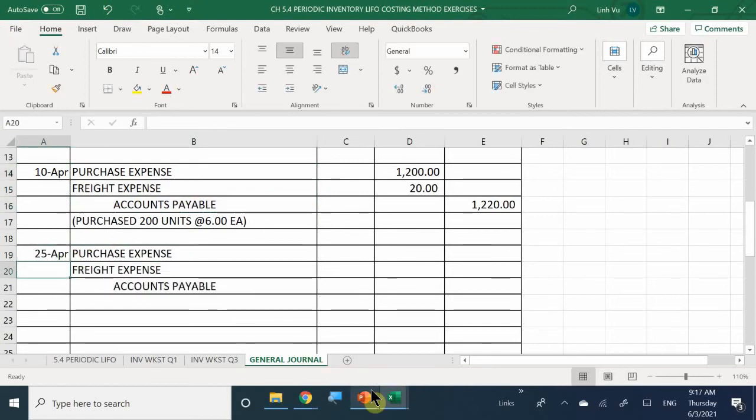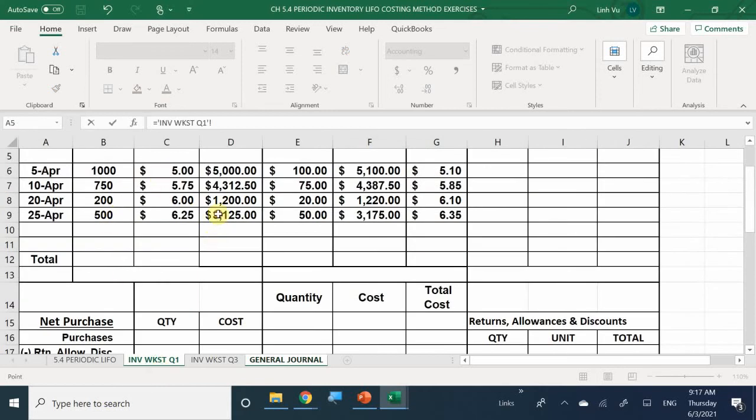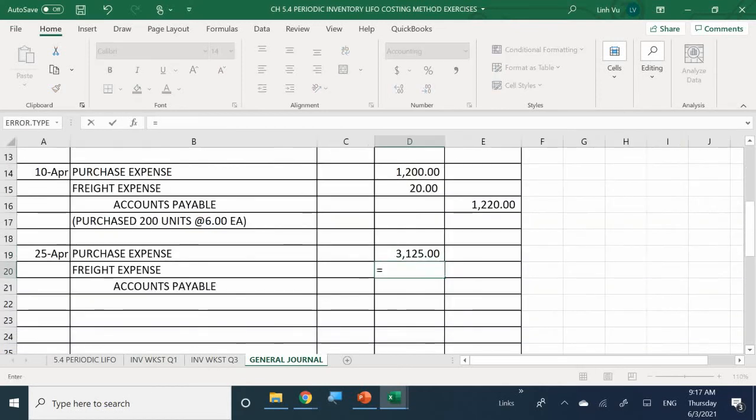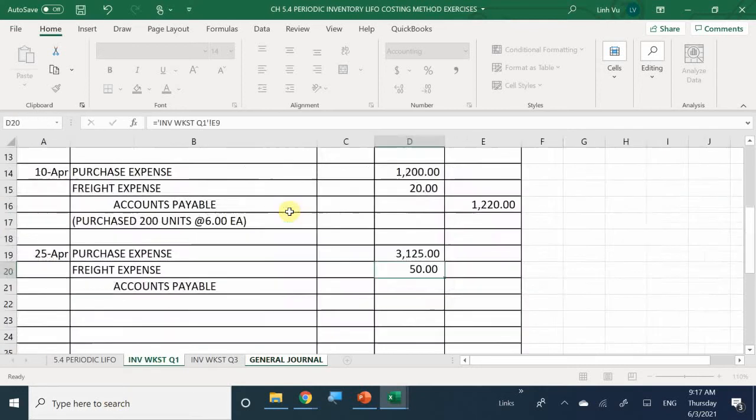425. So the great thing about Excel too is that I can cell reference my work. I could say, well, this is what I solved for, and this was my freight, and my grand total cost is this.